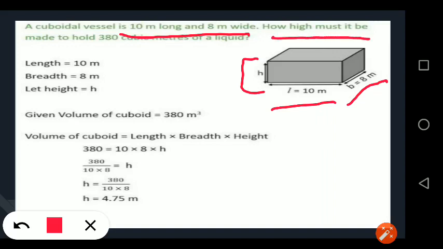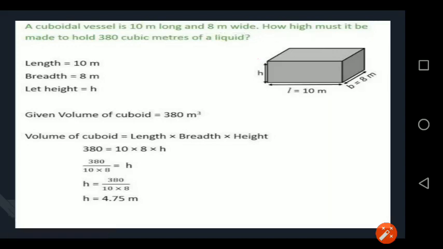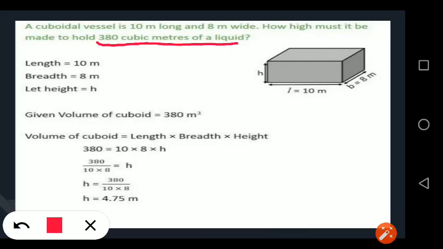How high must it be made to hold 380 cubic meter of liquids? Oh, what is this 380 cubic meters of liquid? Volume. Good. So we are given volume of cuboid also as 380 meter cube.